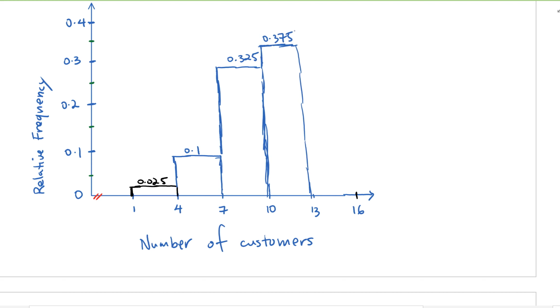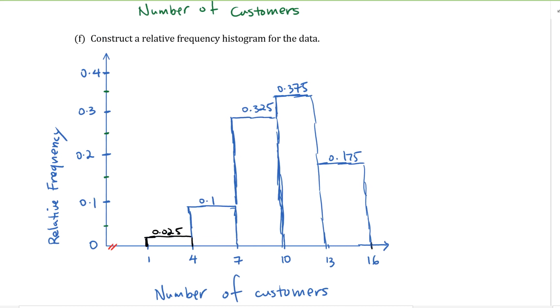So 0.17, approximately 0.18. Okay, so this will be 0.2 here, about here. Okay, 0.175. That's it. That is the relative frequency histogram.